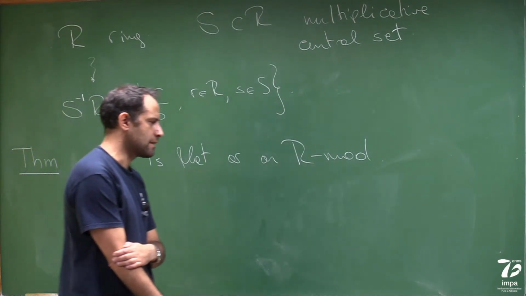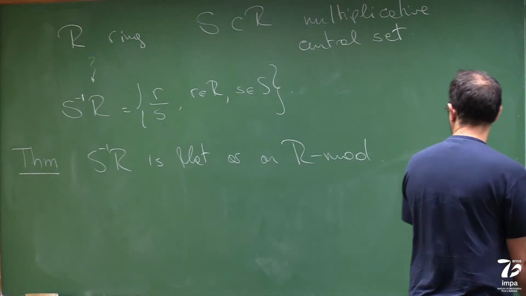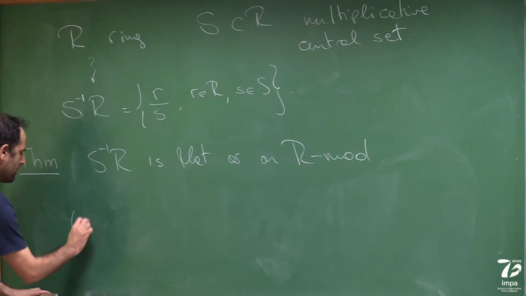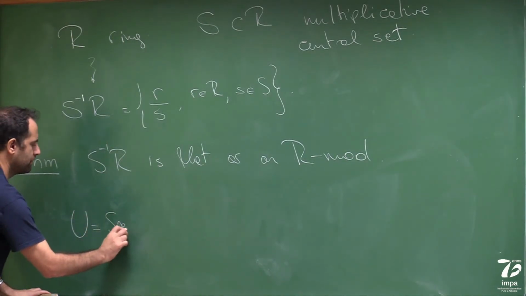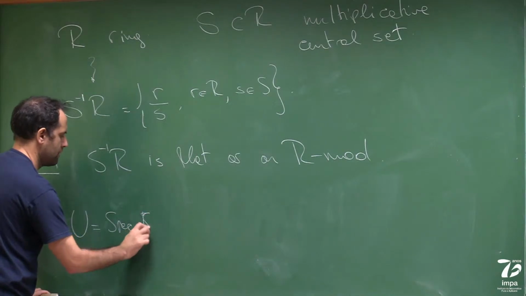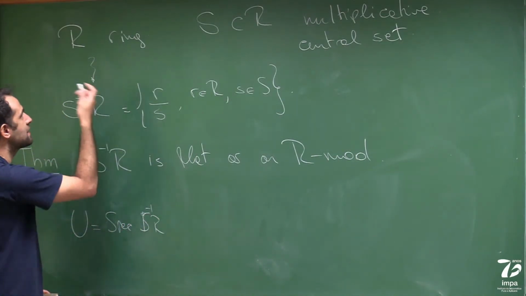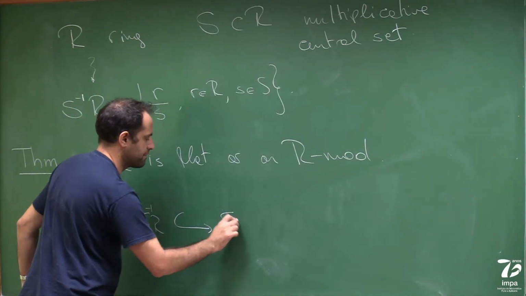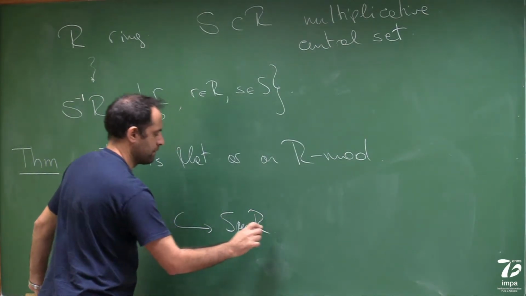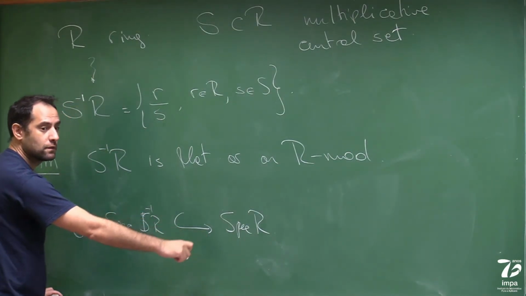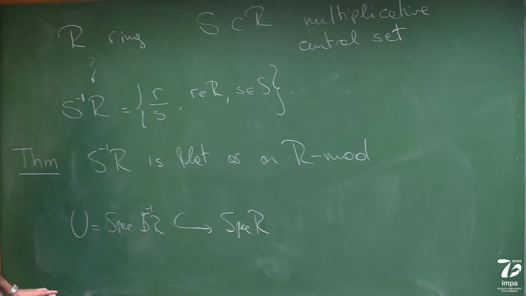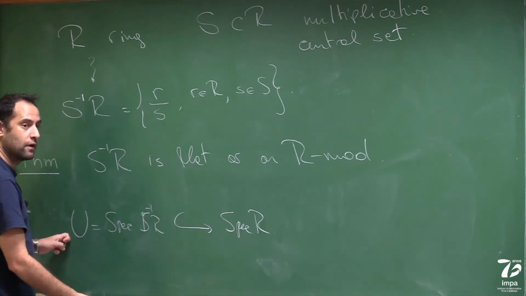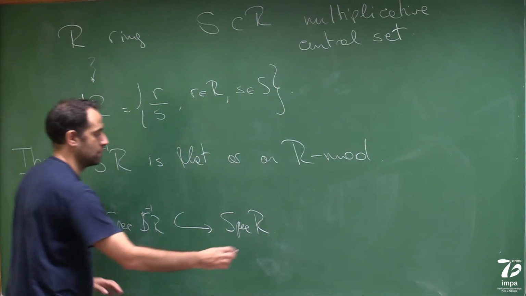So I just want to say that's an example of: if I have U, which is the spectrum of S inverse R, let's suppose that this R now is commutative, this sits inside of the spectrum of R, and this is an open set inside of the spectrum of R. It's a Zariski open set. And this open is an example of a flat morphism.